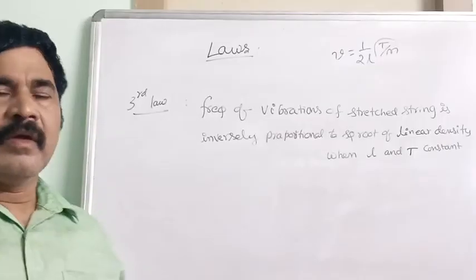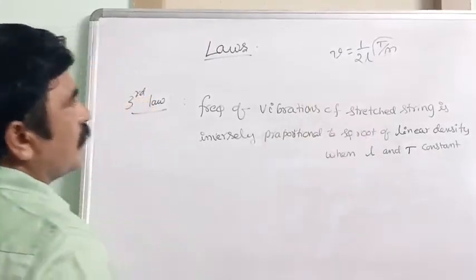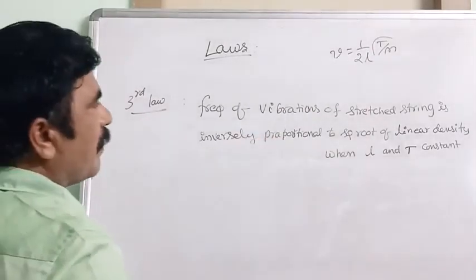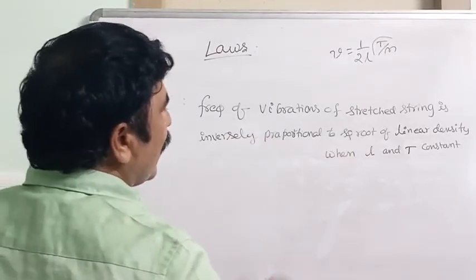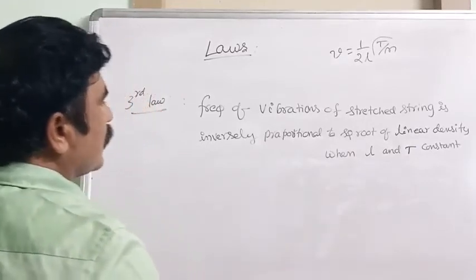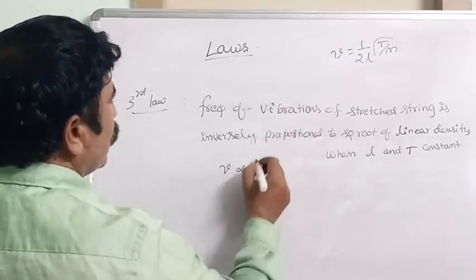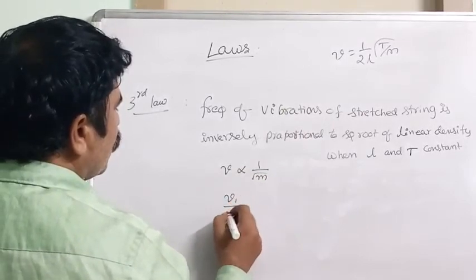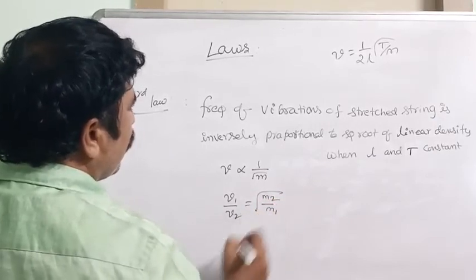Coming to the third law, nu is proportional to 1 by root m: the frequency of vibration of a stretched string is inversely proportional to the square root of linear mass or linear density if L and T are constant. Then nu1 by nu2 equals root of m2 by m1.